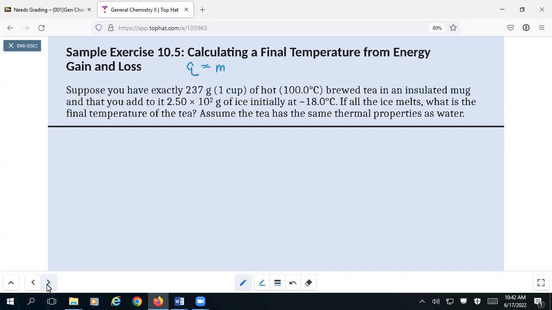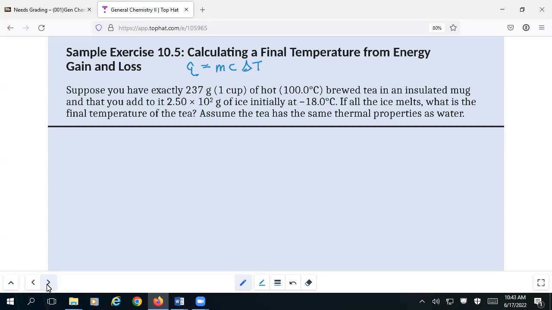Q is equal to M times C times delta T. Where if I look at the heat being transferred in or out of a substance, I can measure that heat by taking the mass of that substance, multiplying it by the specific heat of that substance, and by the temperature change that that substance experiences.